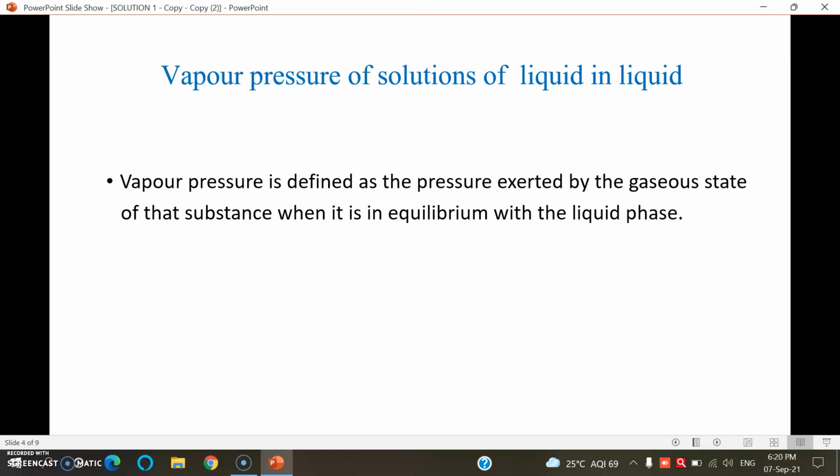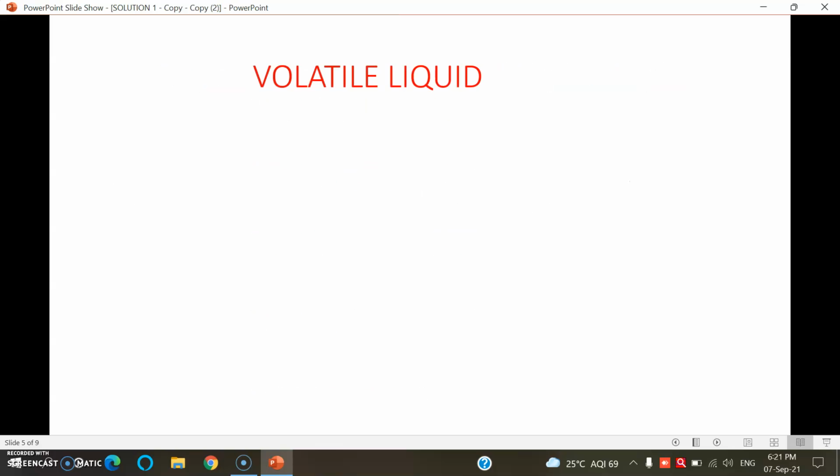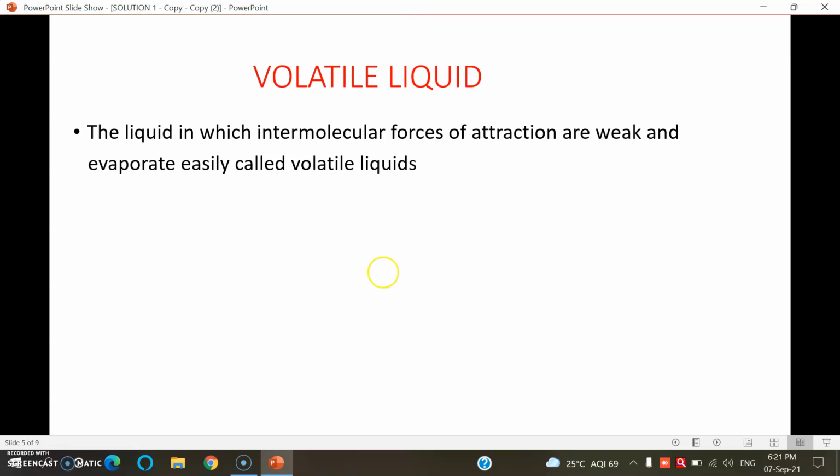At that time, the pressure exerted by the gaseous state on the liquid surface is called vapor pressure. Let's see volatile liquid. Liquids in which intermolecular forces of attraction are weak and which evaporate easily are called volatile liquids.